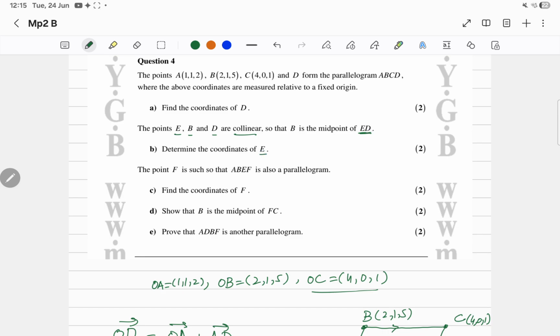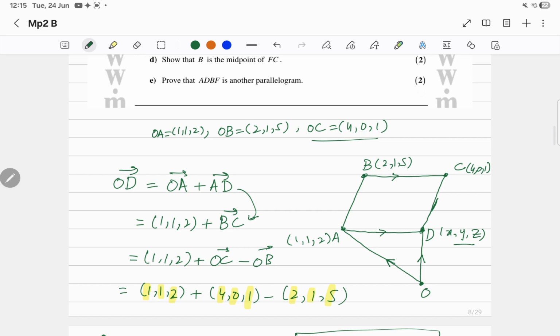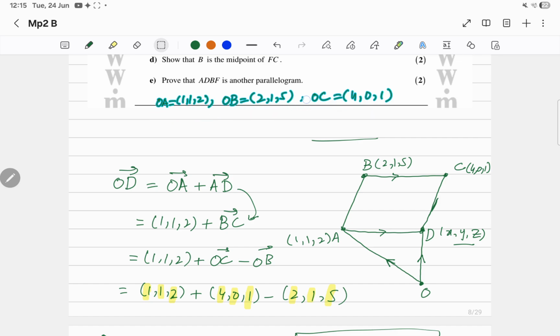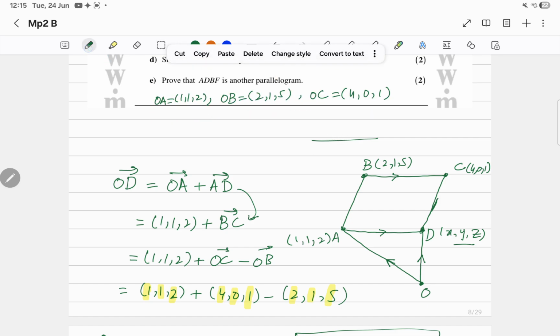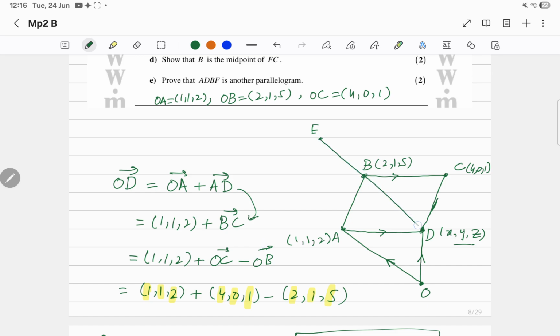Determine the coordinates of E. So we have to consider the point E. Let's say the point E is somewhere here, and if you connect these points E, B and D, because these are collinear on the same line and B is a midpoint, we have to find the coordinates of E as x1, y1 and z1.